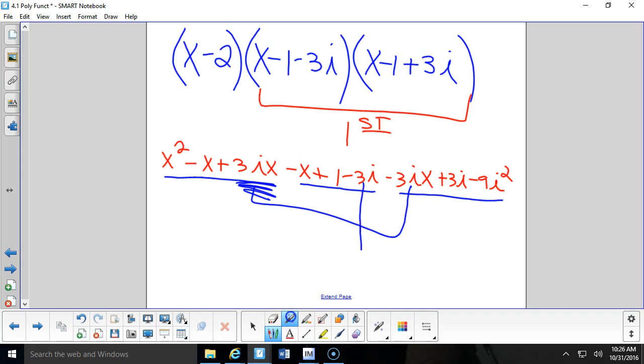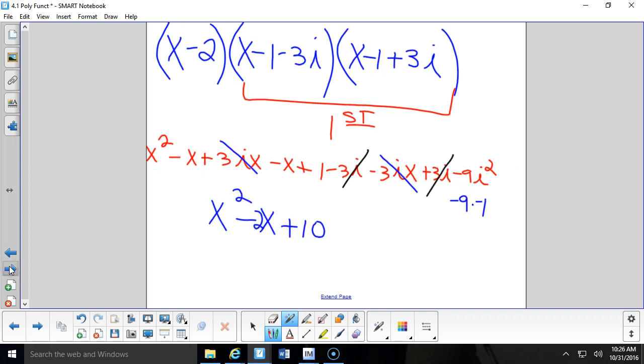I've got minus 3i and, oh look, positive 3i. And then at the very end, I got negative i squared, but i squared, of course, we know is negative 1, and so that negative 9i squared is going to become, eventually, a plus 9. So everything that's got an i should go away, and that's what I end up with. That polynomial.